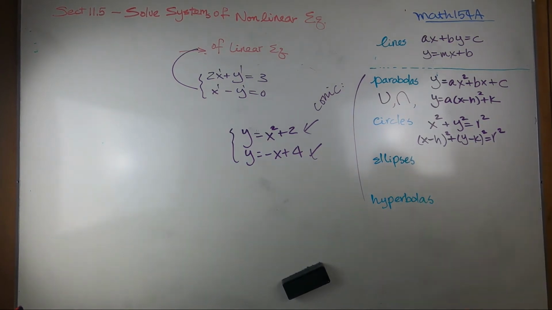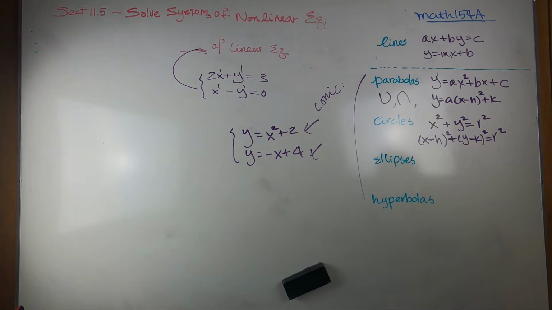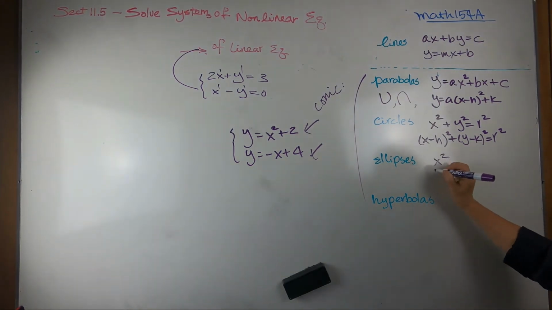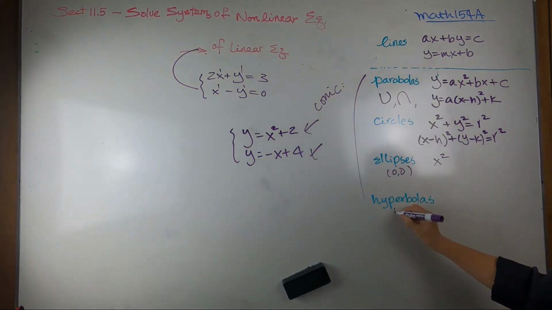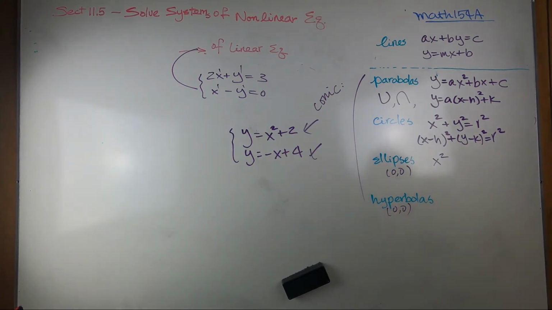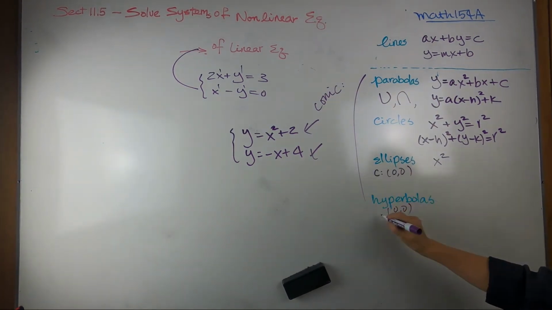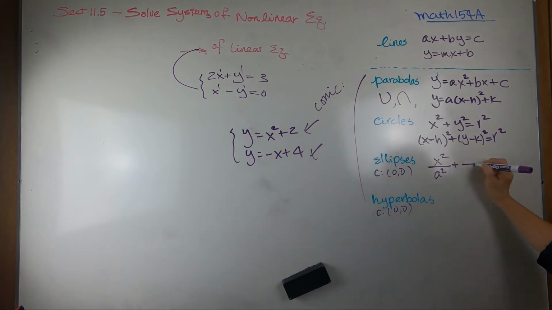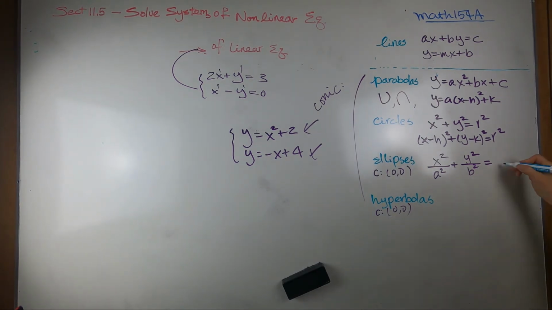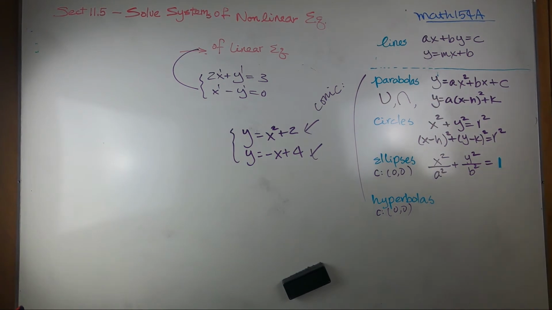How about ellipses? For ellipses and hyperbolas, we use (0, 0) as the center. The ellipse is x squared over a squared plus y squared over b squared equals 1. Always use 1, don't forget.